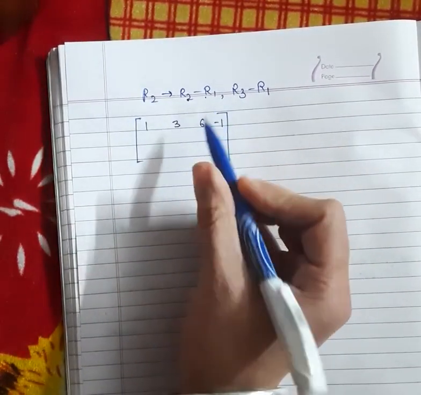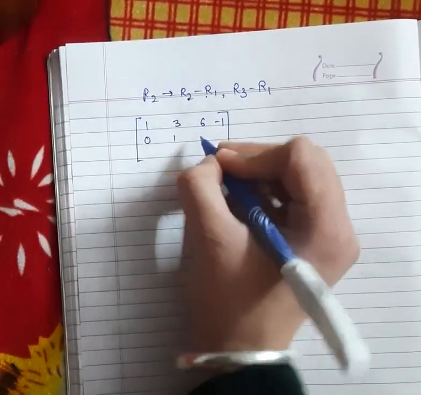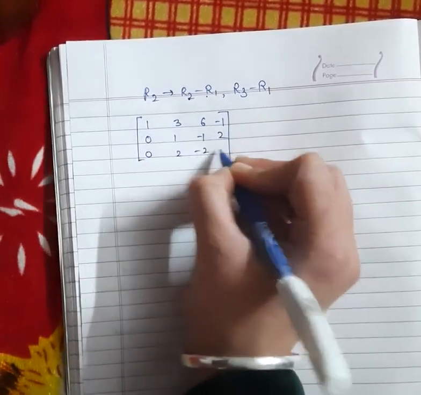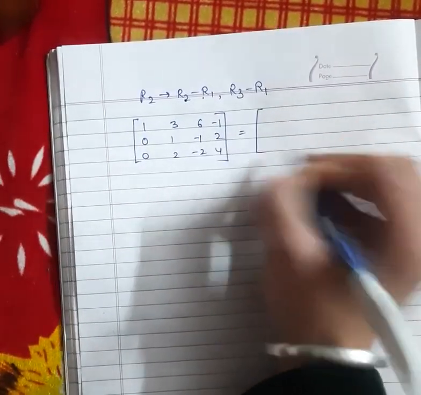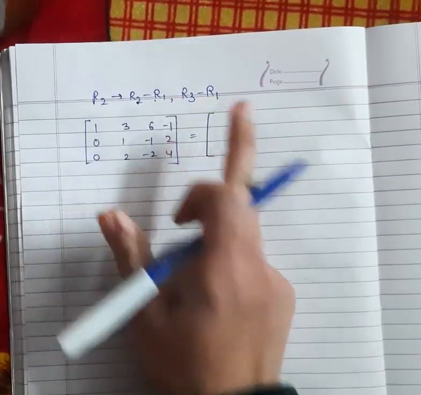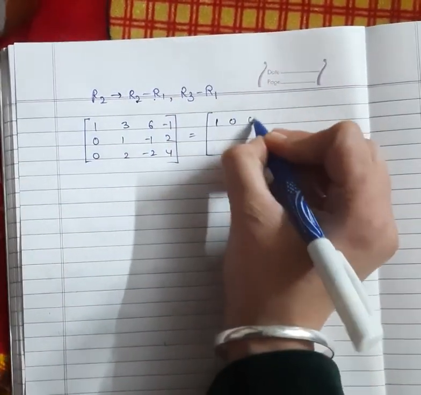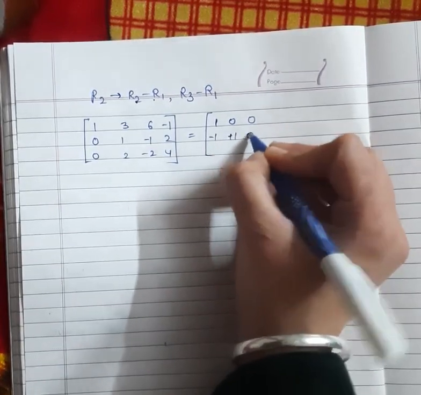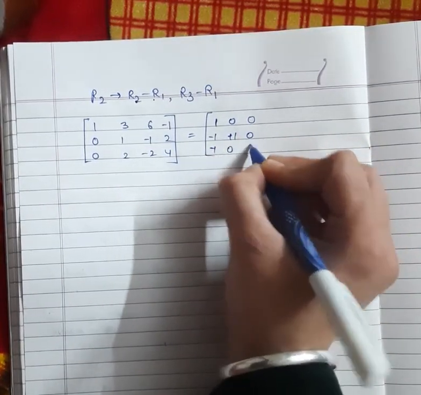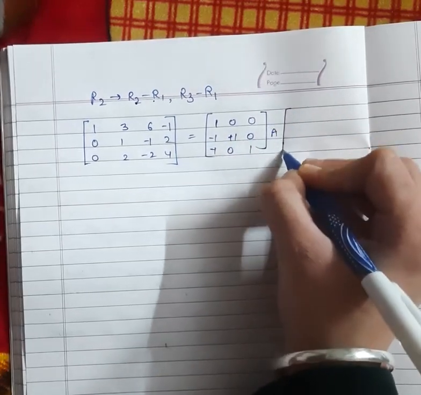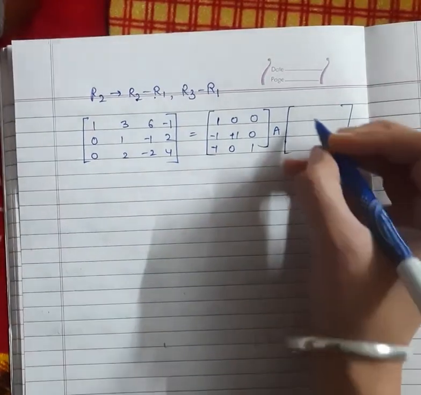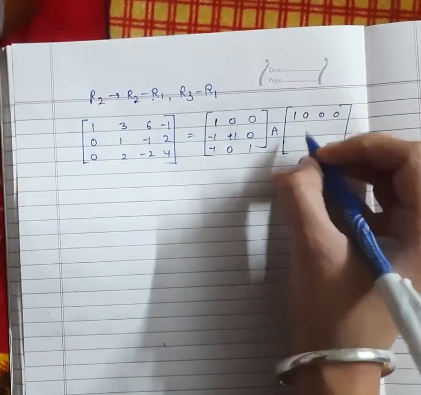On operating R2 minus R1 we get 0 1 minus 1 2, 0 2 minus 2 4. Now we apply these two operations on the first identity matrix as well. So we get 1 0 minus 1 0 1 A, and the matrix Q, the second identity matrix, will remain like that.